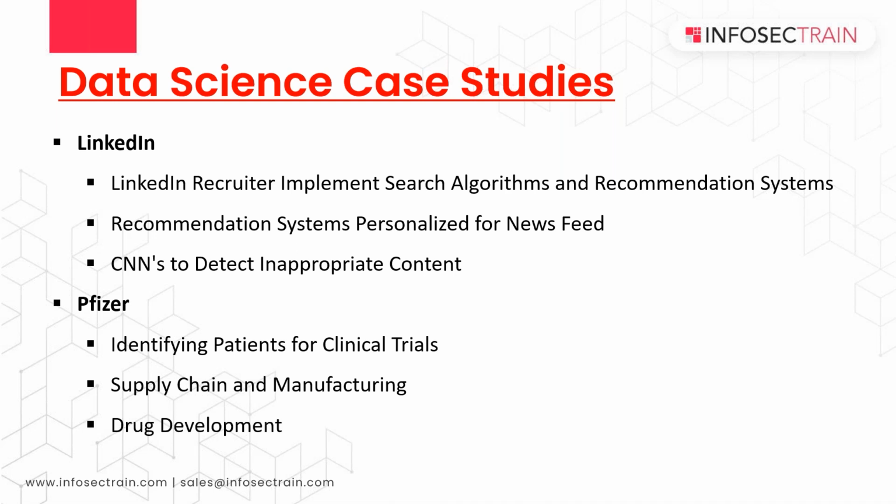In drug development as well, they are using multiple data science techniques. Data science is not just about building the model, it's about the multiple methods of statistics as well. In drug development, we have to implement multiple statistical tests. So that is again part of data science, right?